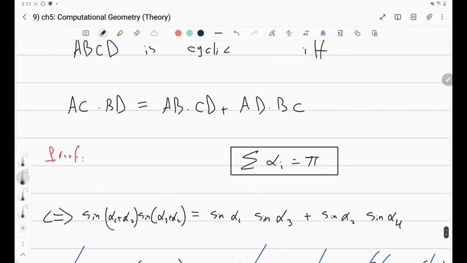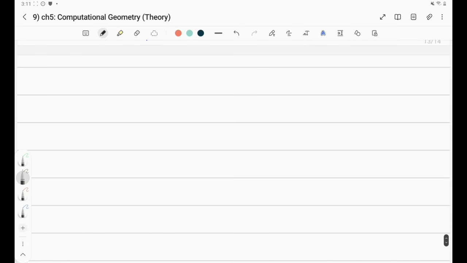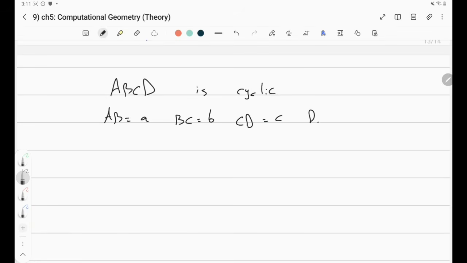But actually, there is a nicer thing, which is you can figure out only one diagonal using the others. Let me state that if you have ABCD cyclic, and you just have AB is A, BC is B, CD is C, DA is D, then guess what?